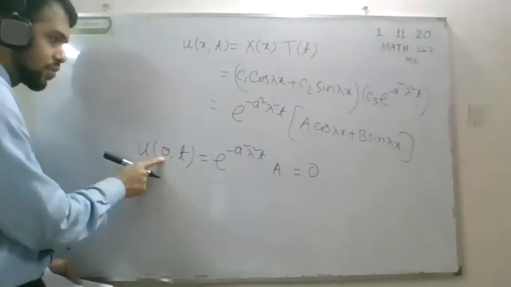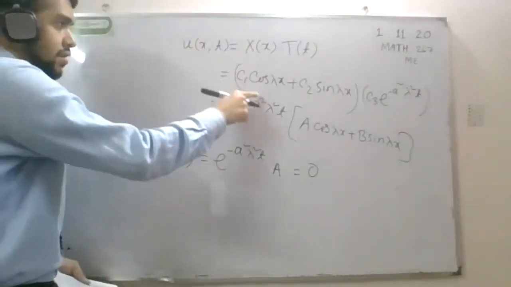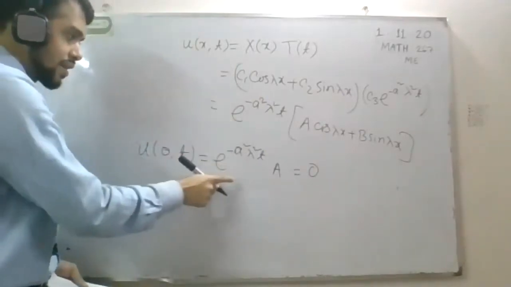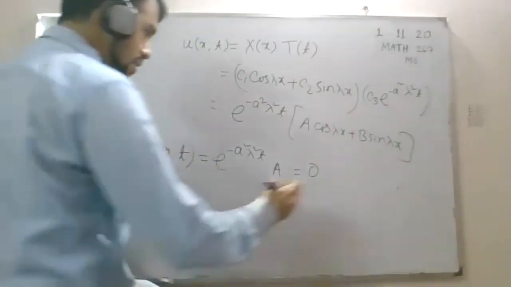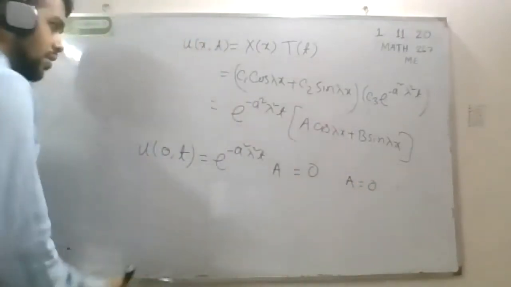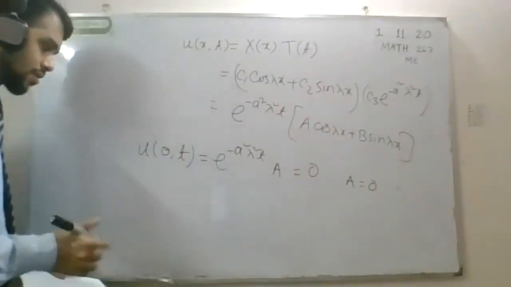Okay, so you have to put x equals 0 in here. Okay, and after that you can say here A equals 0, as e to the power minus a square lambda square t is not equal to 0.